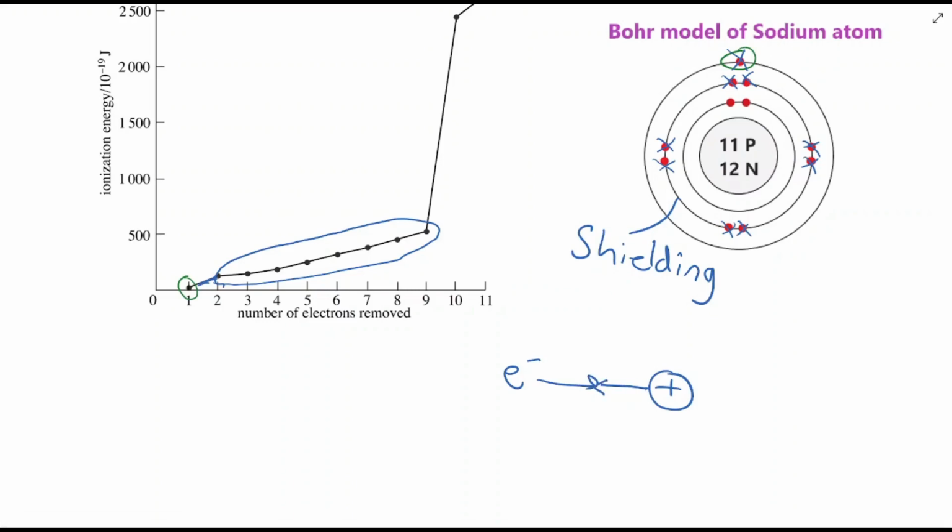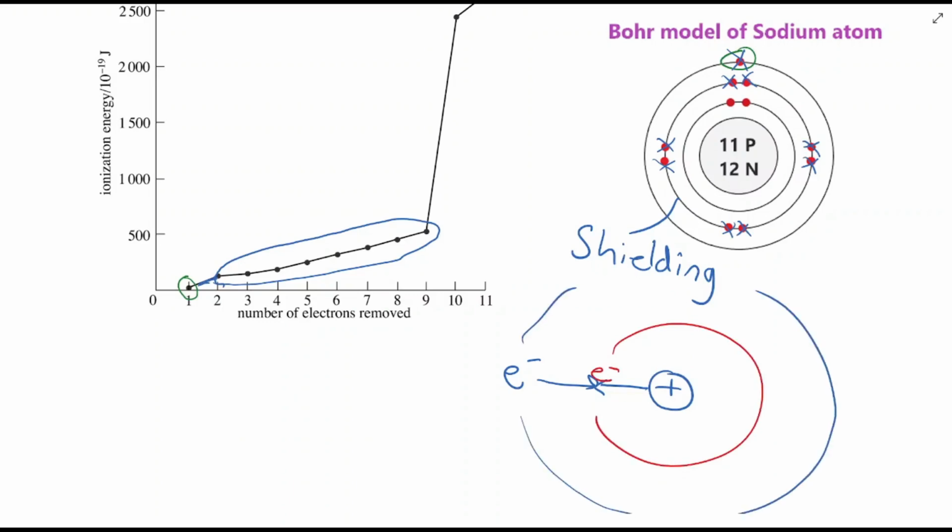If I was to put an extra row of electrons in here, so here's my shell of electrons around there, then this electron is going to repel that electron away. There is a repulsive force here. There's a push that way, okay, and there's a push that way.